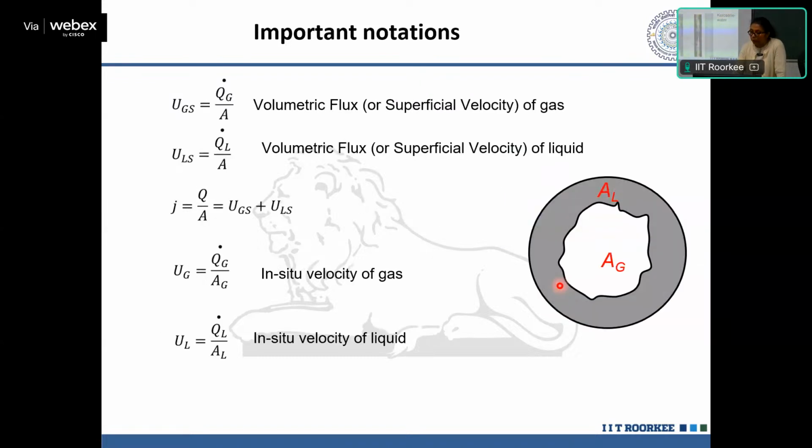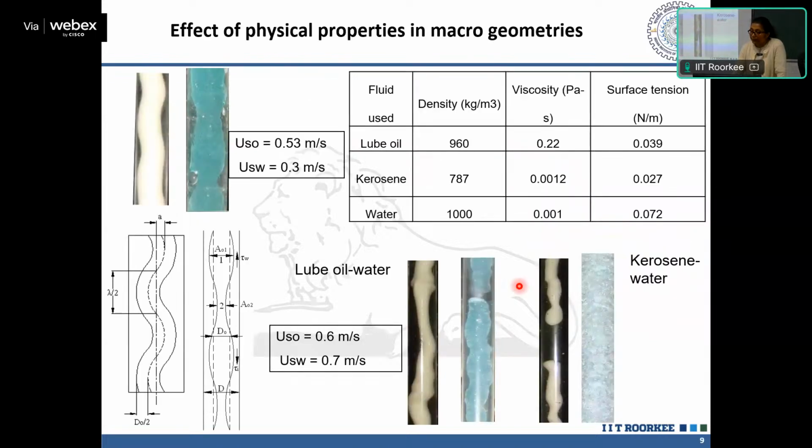The first pair is lube oil and water, and the second is kerosene and water. The densities of both the phases are close by. However, the viscosity of the lube oil is very high in comparison to kerosene, and here the surface tension is given.